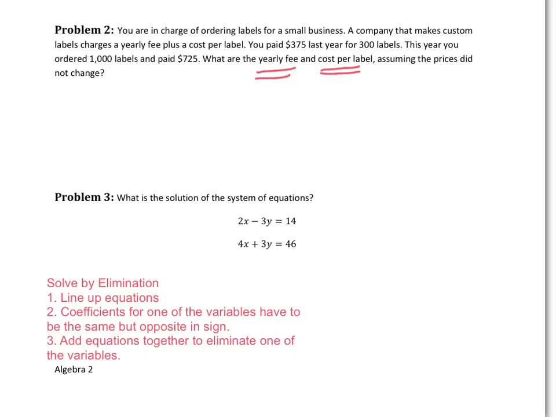All right, our first goal is to choose variables for our missing terms. So instead of x or y, we can let f stand for the yearly fee, and let c stand for cost per label. All right, so our two variables are going to be solved by using the process of elimination this time.